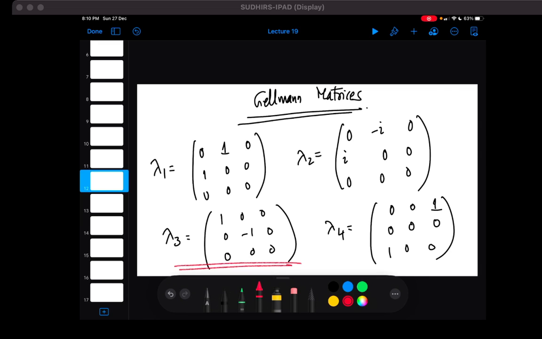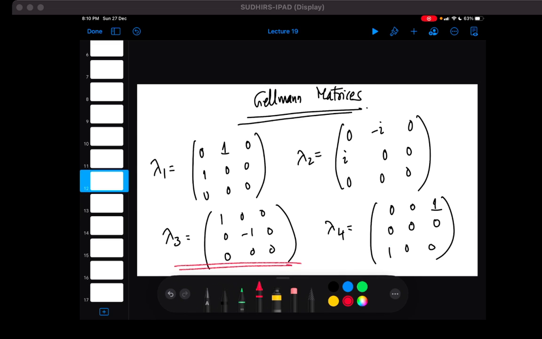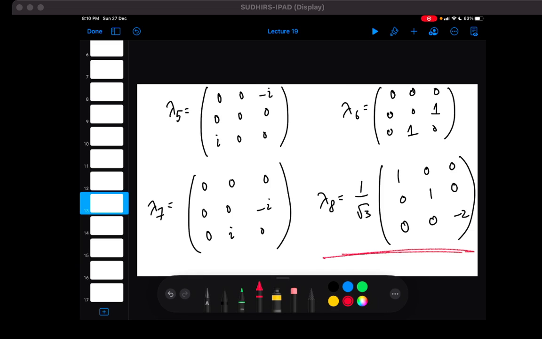So it is not exactly J1 plus J2. J would be something like lambda 3, and lambda 8 is a different set of eigenvalues. If you look at lambda 8, it is 1, 1, minus 2, so it is a completely different set of eigenvalues, also with a different normalization. So one has to be a bit more careful.